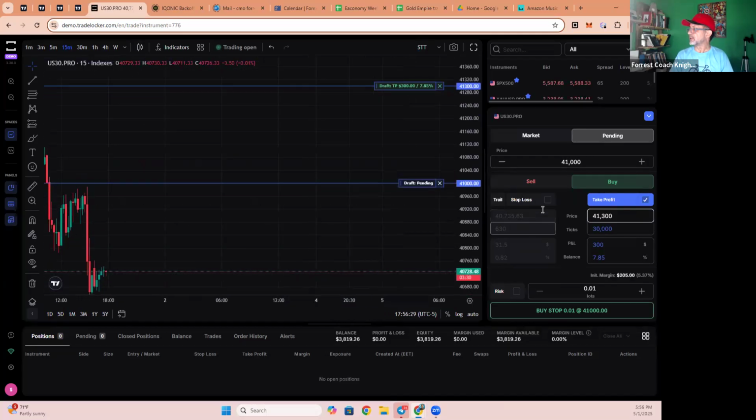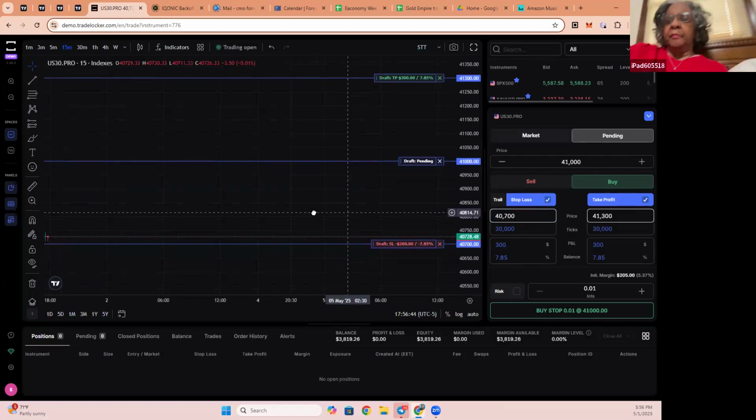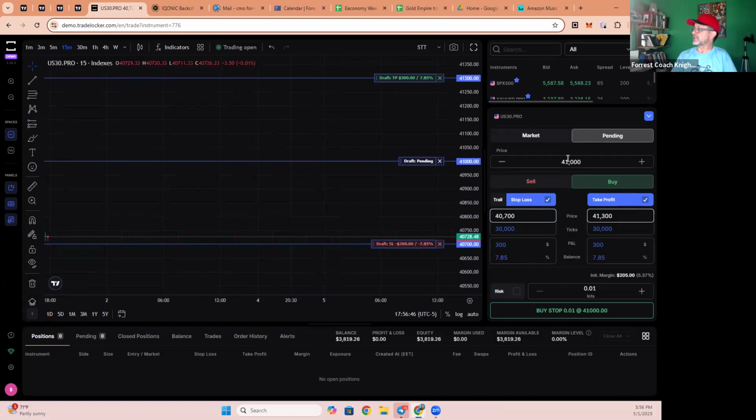And then the stop loss he had set at 40,700. So as you guys can see, if this trade activated and you put it in as a pending order, or maybe an immediate execute depending on where price is in relationship to this.